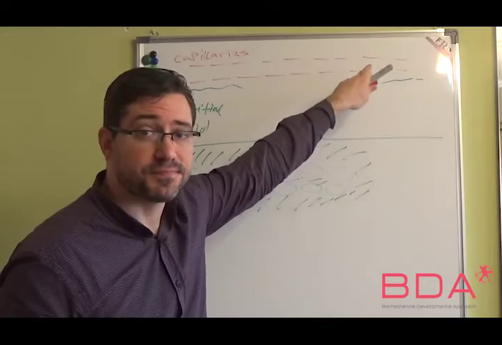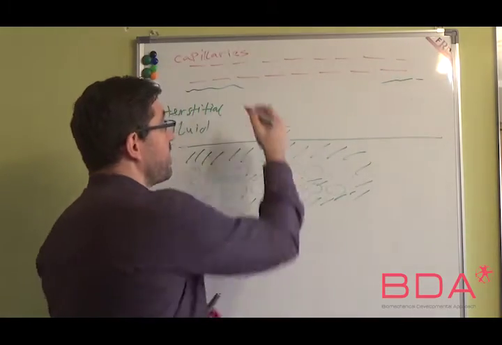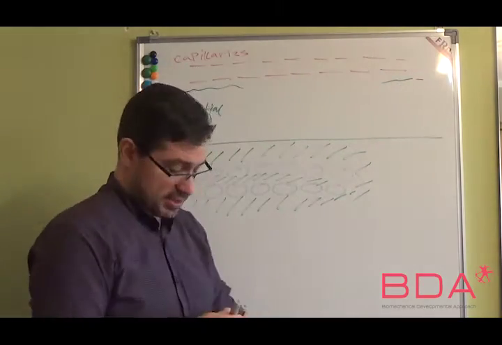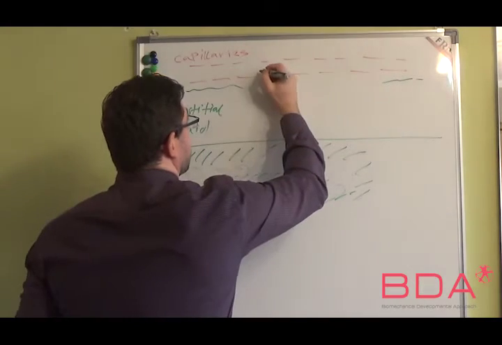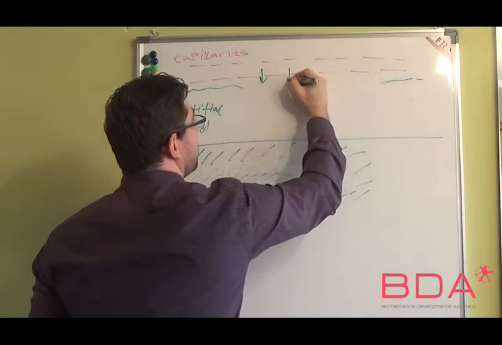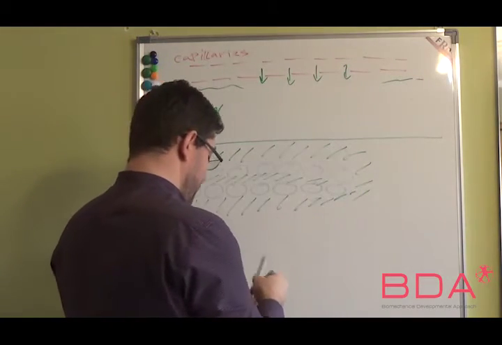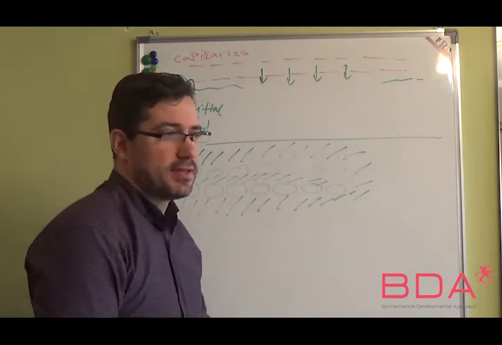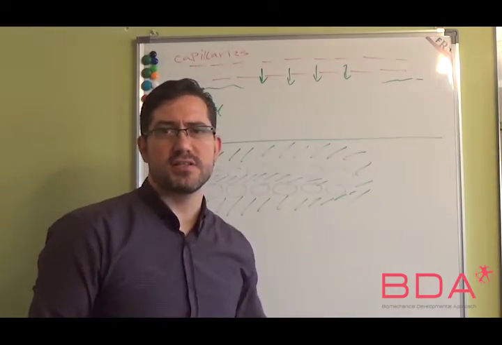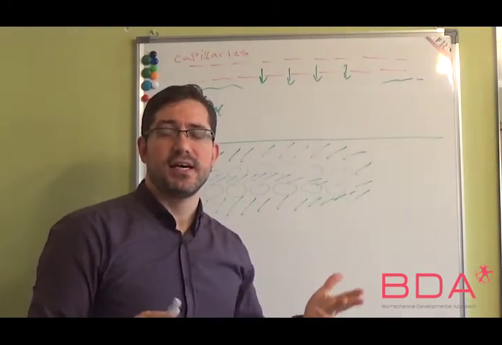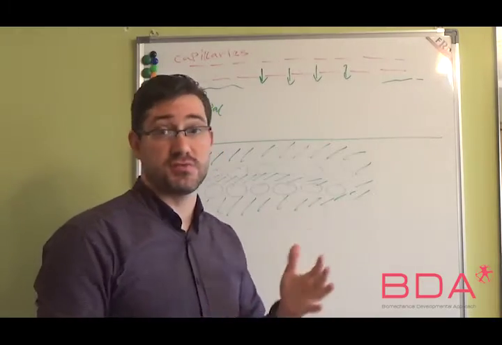All the important materials needed for the nutrition of the cells come to the capillaries, and they actually get out from the capillaries. There can be salts, sugars, oxygen, hormones, different nutrients, water, and so on.